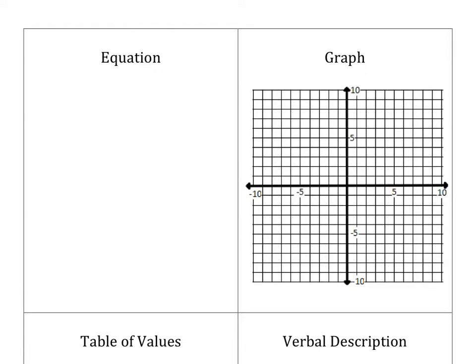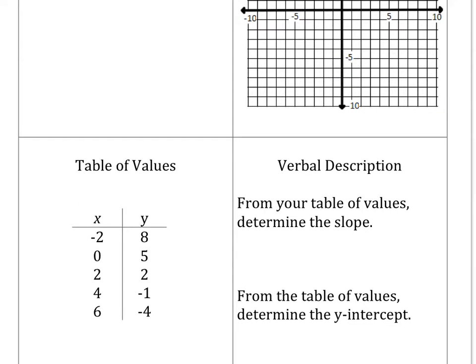Let's take a look at another. This time, as we can see, I'm not given an equation or a graph. However, I am given the table of values. And like we've already talked about, we can determine our slope from the table of values. It's going to be the change in y divided by the change in x.